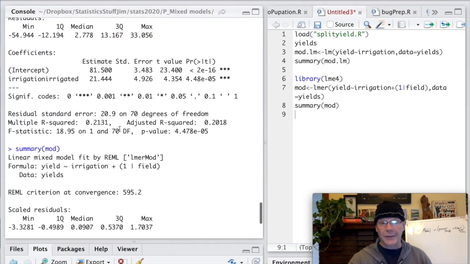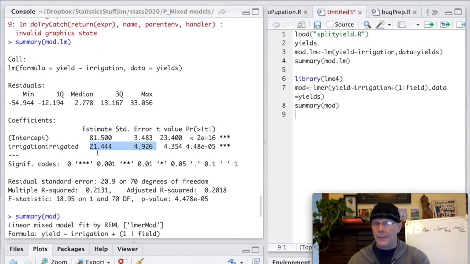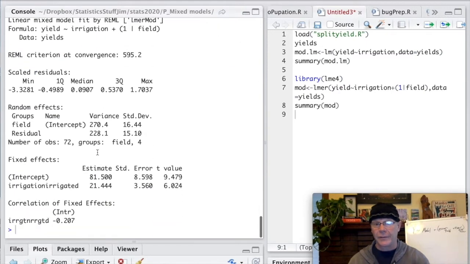However, in this case, if we look at what's happening to the uncertainty around our estimate for the slope, in our standard linear model the standard error is 4.926, and in the mixed model it's 3.56. So we've actually decreased the uncertainty around our slope estimate. And why might that be? Well, the reason is that there was an inherent difference among the different fields.